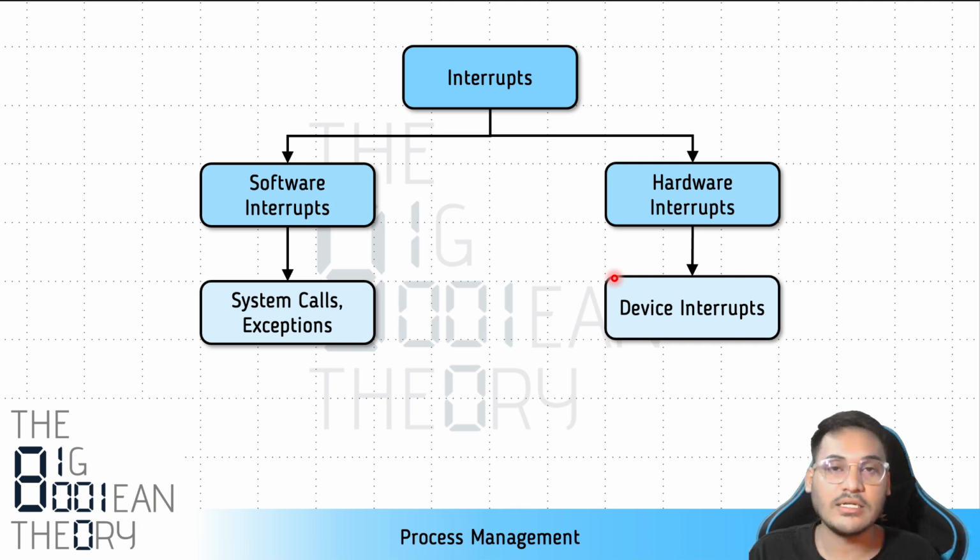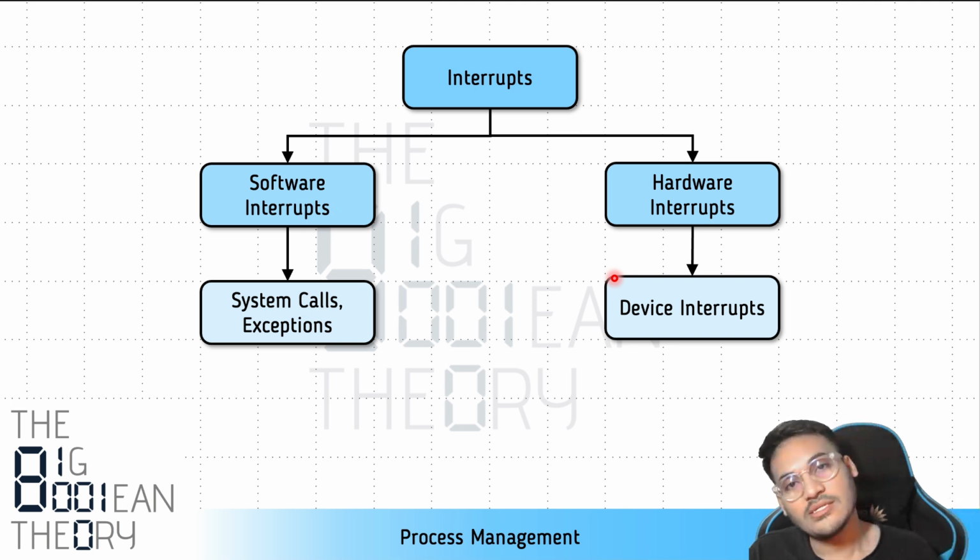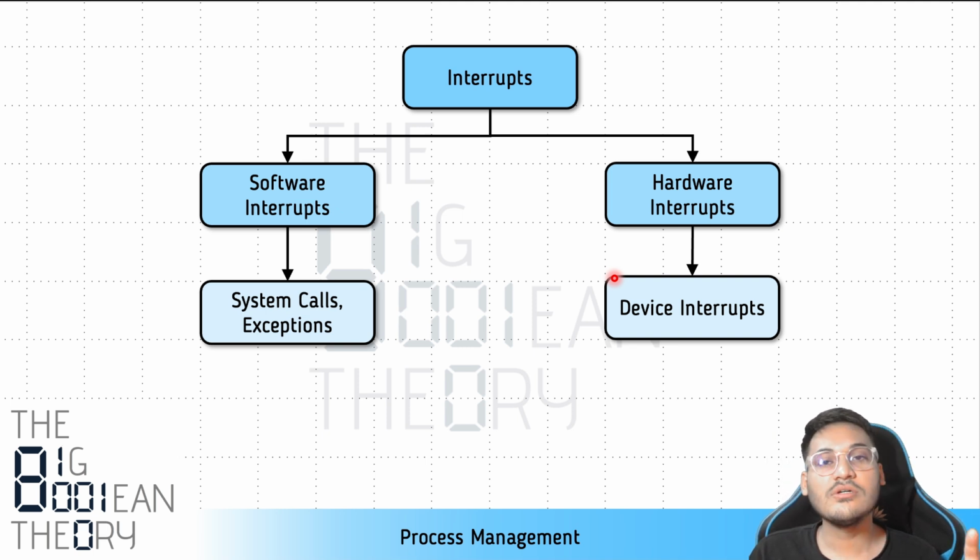Whenever the CPU detects an interrupt, it suspends or halts the current program, the current process, and immediately transfers the control to the operating system. And then the operating system executes a special routine in order to handle that event. So this was about interrupts.